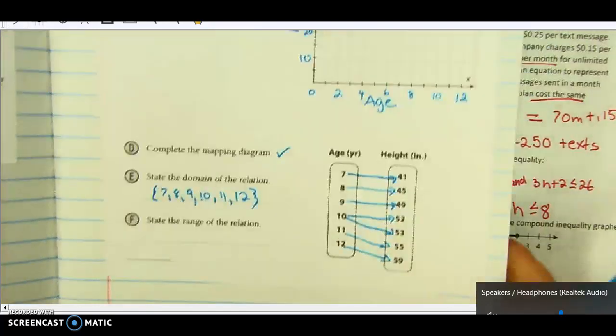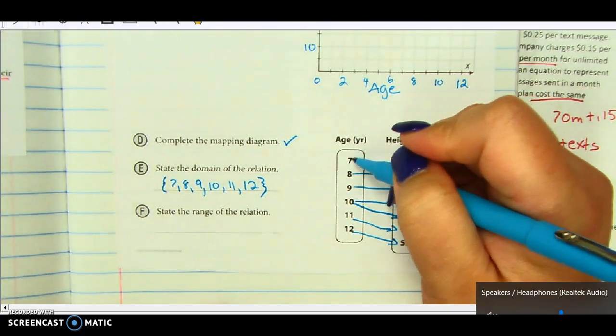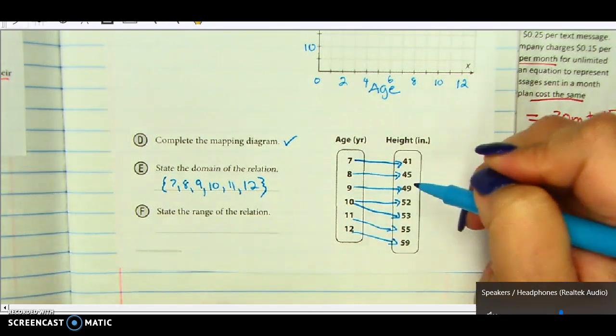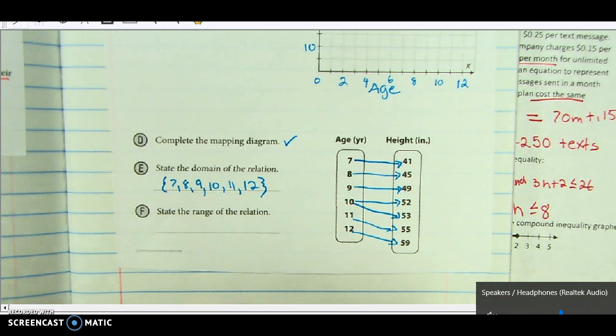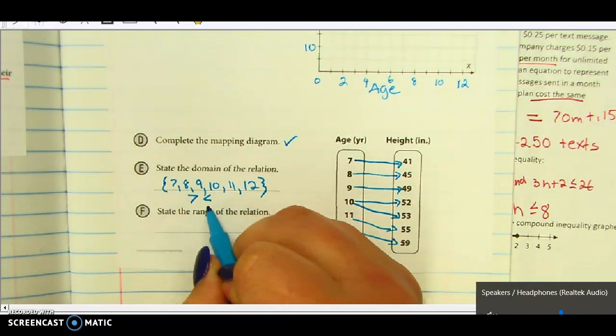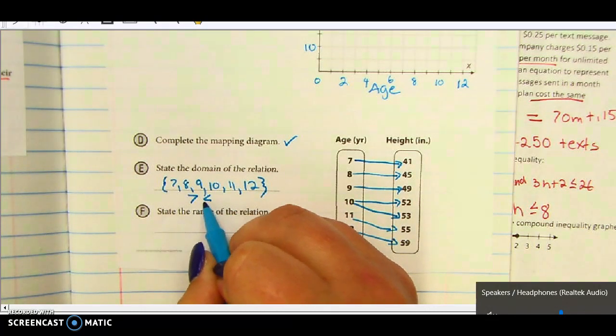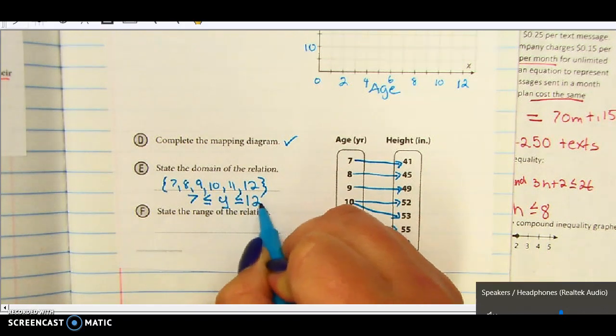However, I do not have 2 10s in my mapping. You only put each number once. And then when you state the domain, you also only put that once. Another way that you could rewrite this is 7 less than or equal to the age in years, less than or equal to 12.